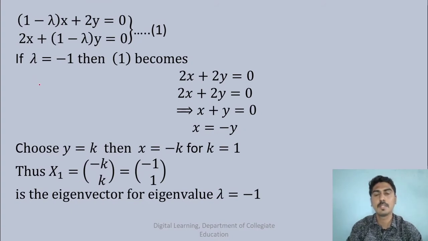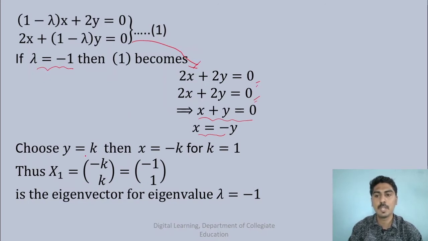Next, we shall consider the first eigenvalue. Lambda is equal to minus 1. The equation 1 becomes 2x plus 2y equal to 0, or x plus y equal to 0, or x equal to minus y.